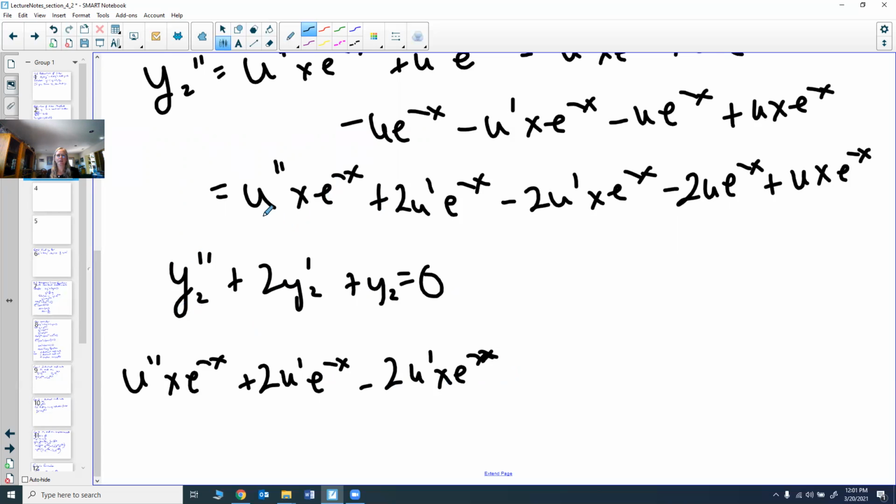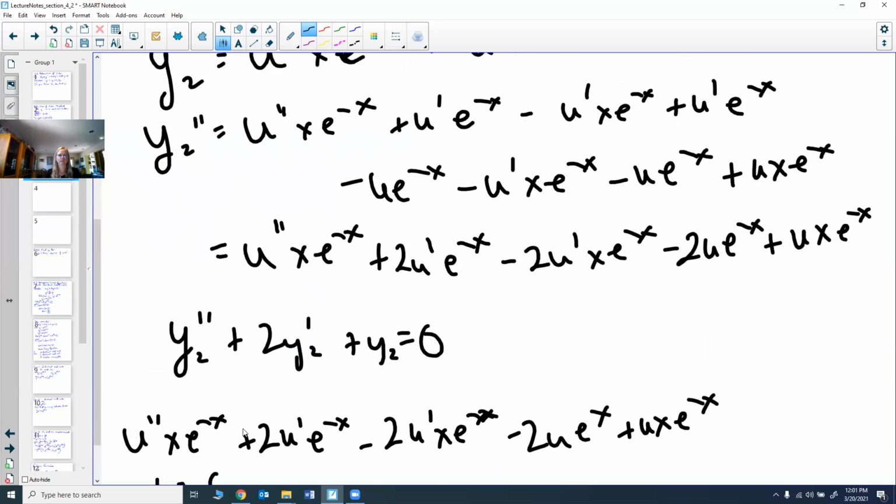So we're putting these values in. So we've got u double prime x e to the minus x, this 2u prime e to the minus x, minus 2u prime x e to the minus x, minus 2u e to the minus x, plus ux e to the minus x. Then that's going to be plus 2 times y prime.